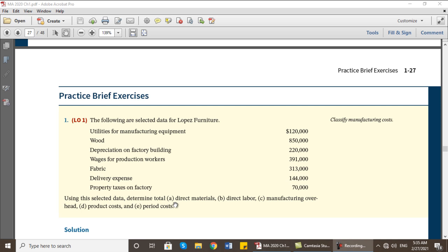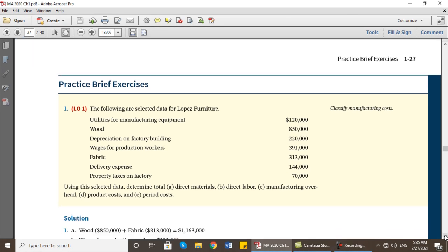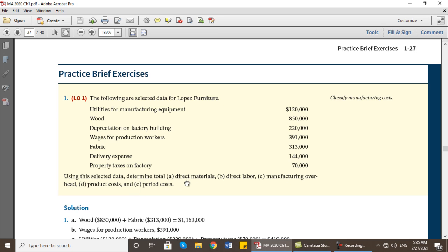This may be multiple choice, asking for total direct material. As you see this brief exercise, the solution is here. First, total direct materials.